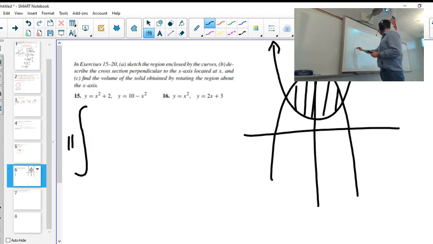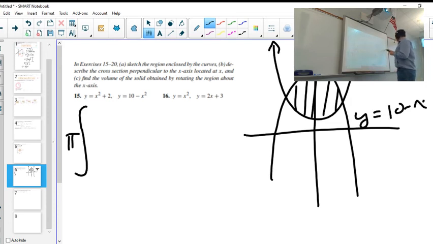So we have pi. Which one is on top? The top one is the upside down parabola, which is y equals 10 minus x squared, and the one on the bottom is x squared plus 2.